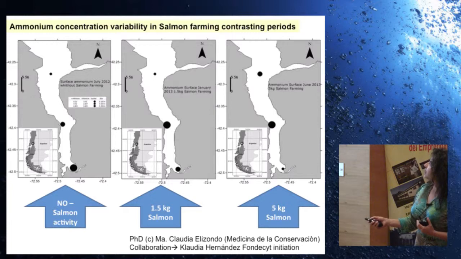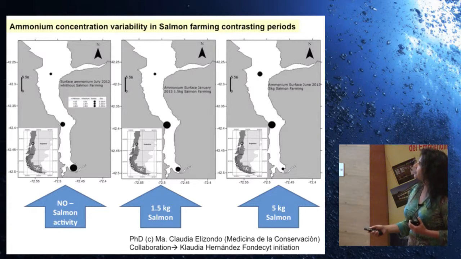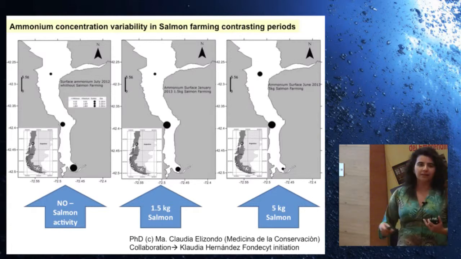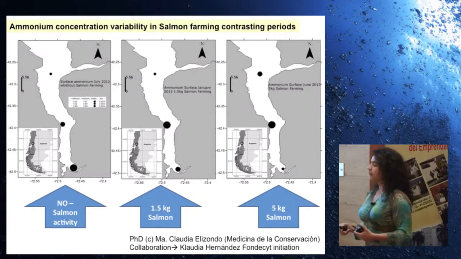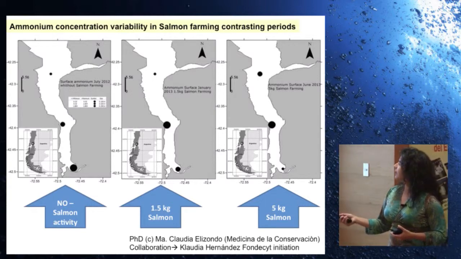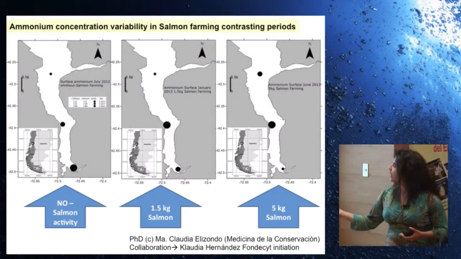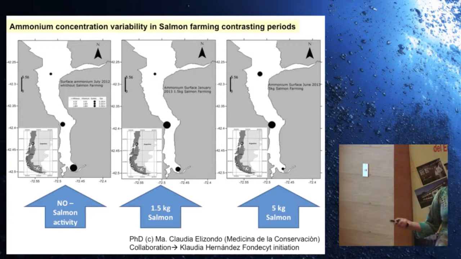Here, just look at the spots. In these conditions where no salmon activity is present, the highest amount of ammonium was related mainly with rivers, for example the Bodudawe, which is at the head of the fjord.